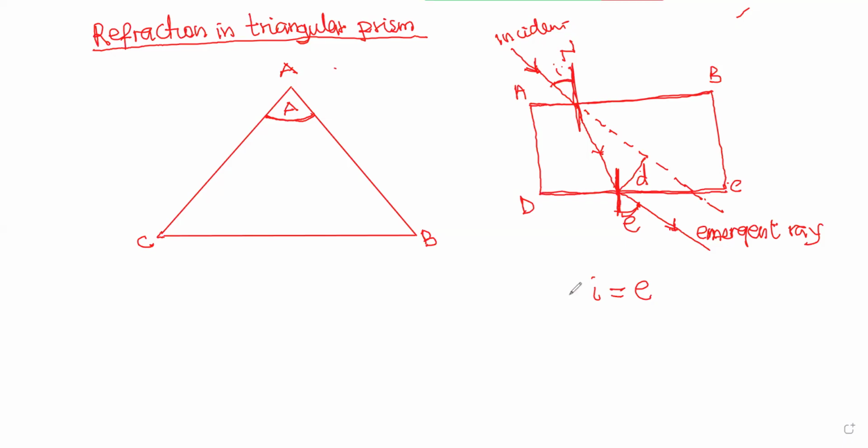Now, under refraction of light in triangular prism, it's different. Let's draw a normal to this side. So A is the refracting angle of the prism.